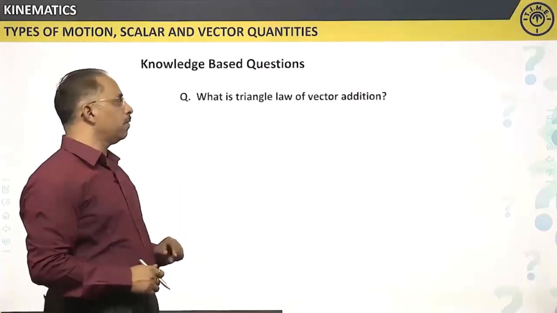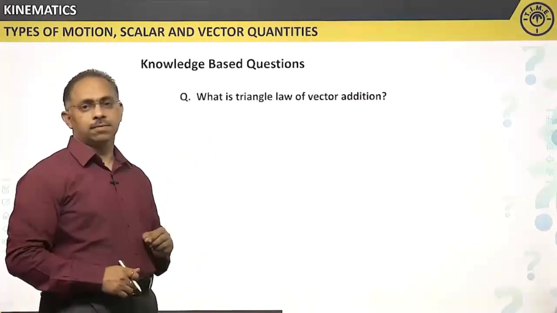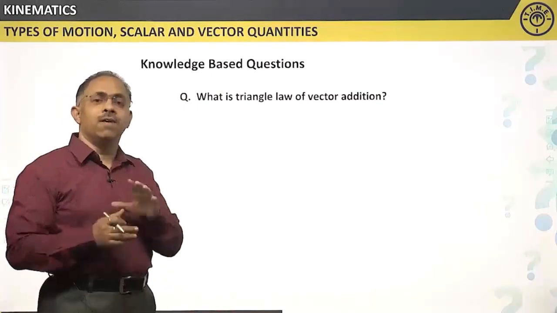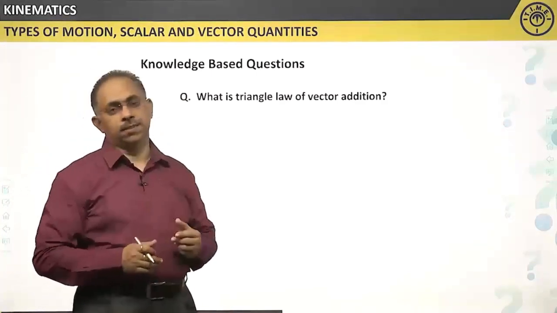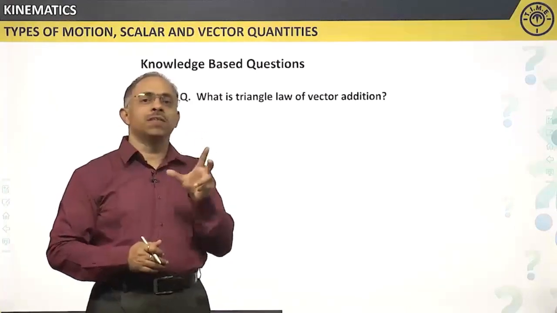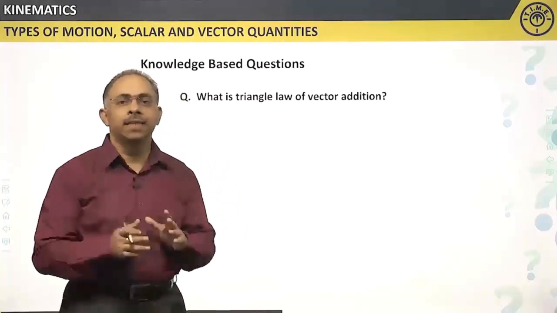What is the triangle law of vector addition? When you say triangle law of vector addition, basically we want to add two vectors. These two vectors will be represented by two adjacent sides of a triangle.